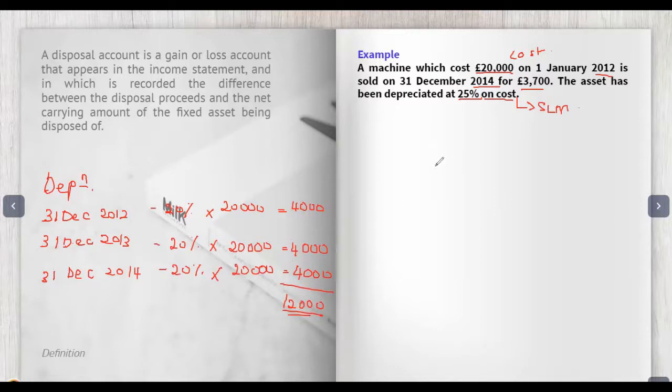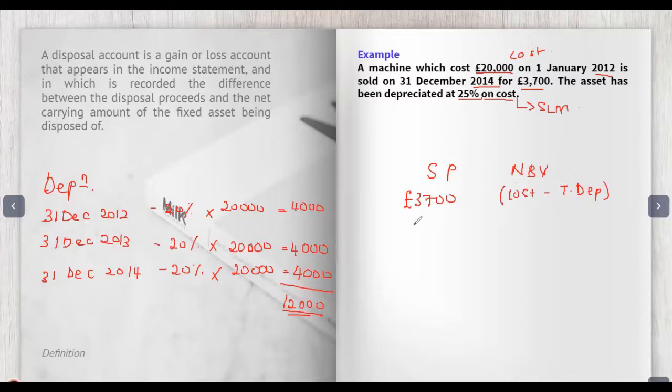Now, what was the formula again? We have to find the difference between selling price and the net book value. Now, we know the selling price was £3,700. The net book value is simply cost minus total depreciation. Another word for this is accumulated depreciation. It means the same.